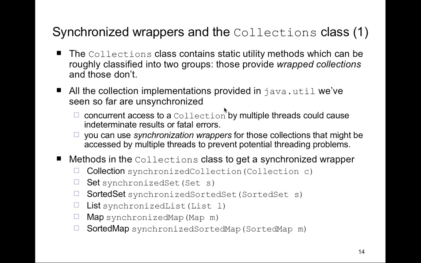All the collections provided by the Java util that we've seen so far are unsynchronized. So, concurrent access, and here's the thing. Let's say we've got a database implementation, or a data set stored in one of these data structures. What are we doing? We're accessing it, and maybe multiple users are accessing it.